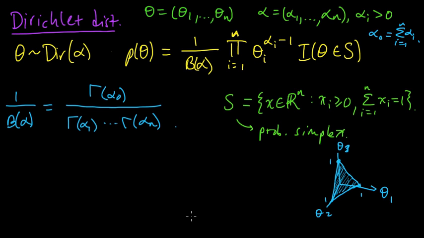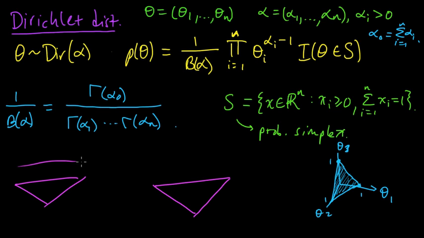So that's a probability simplex, and let's look at a couple examples of what a Dirichlet distribution can look like. Let me use a different color here. I'm going to take that triangle and lay it down flat. One thing the Dirichlet distribution can do is be uniform, just constant.